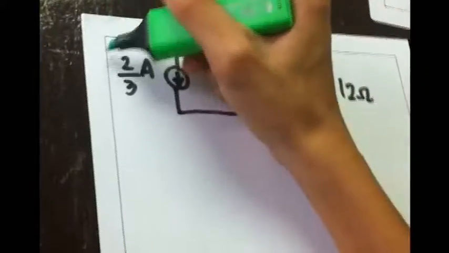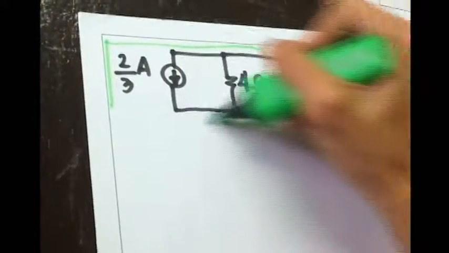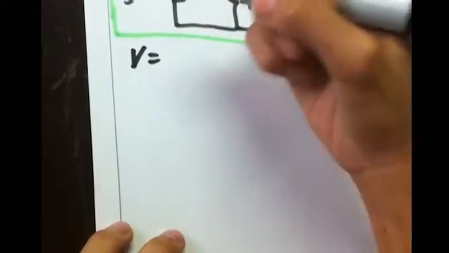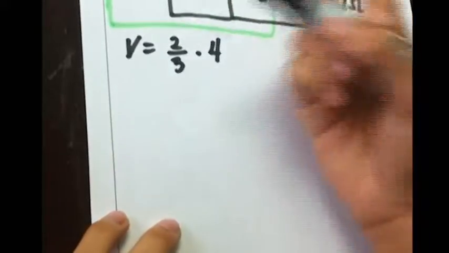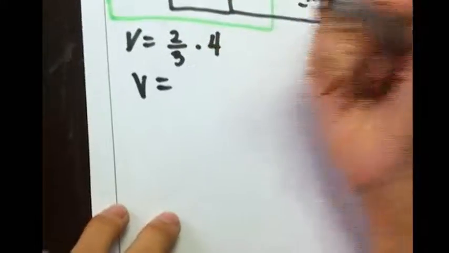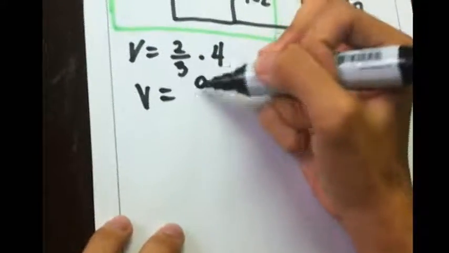Applying the transformation again here, we have V is equal to 8 over 3.